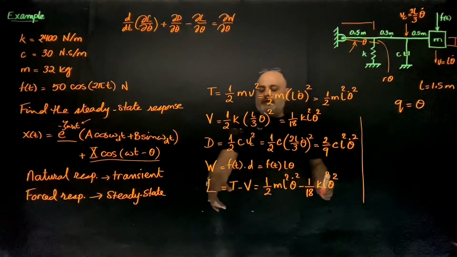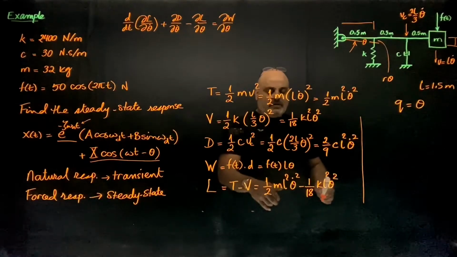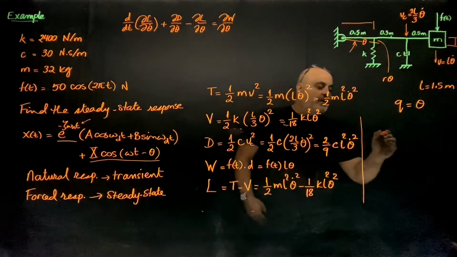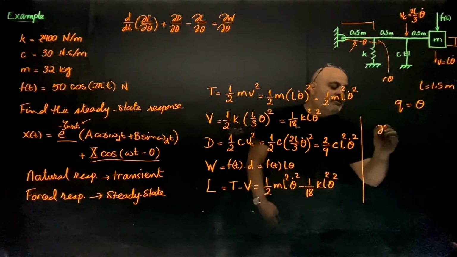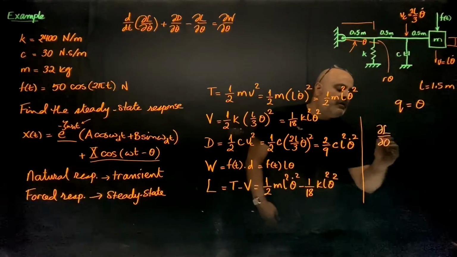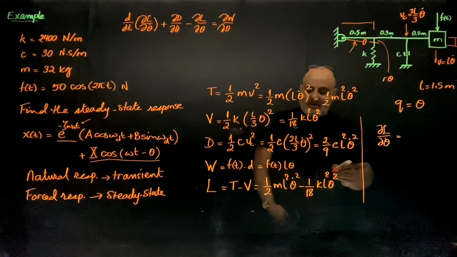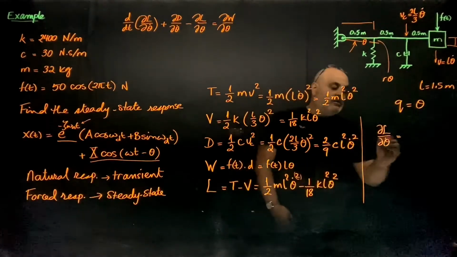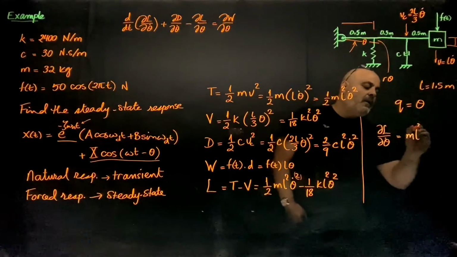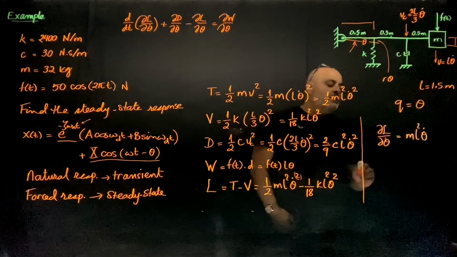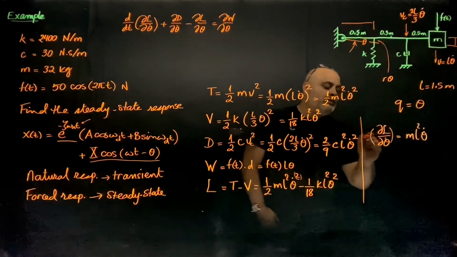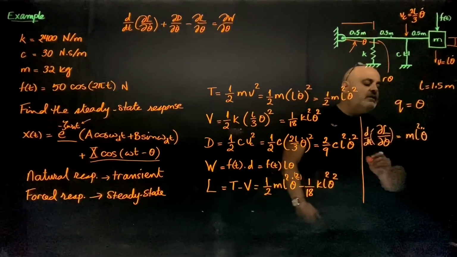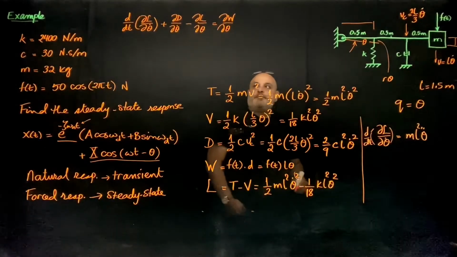The derivative of L with respect to theta dot: we only have this term, so the partial of L with respect to theta dot is, with the 2, m L squared theta dot, and if I take the complete time derivative d/dt, this becomes theta double dot.